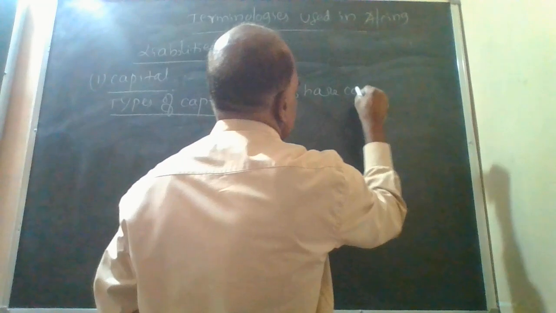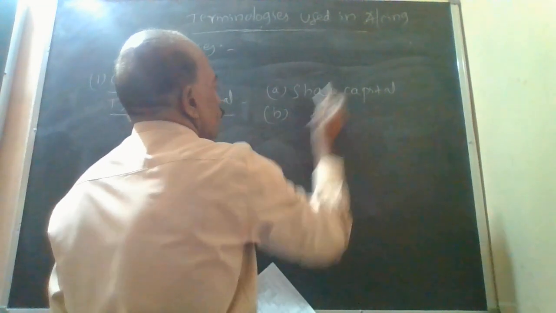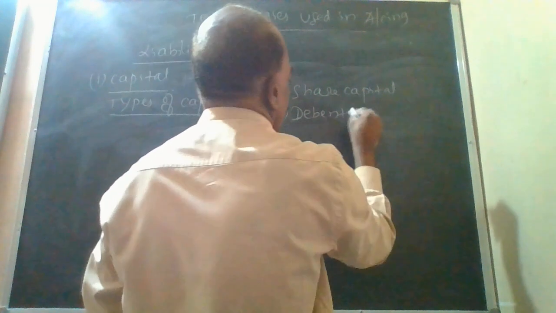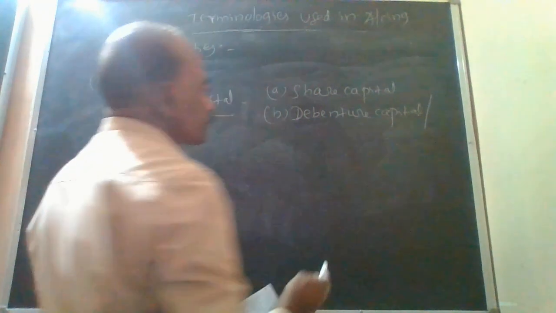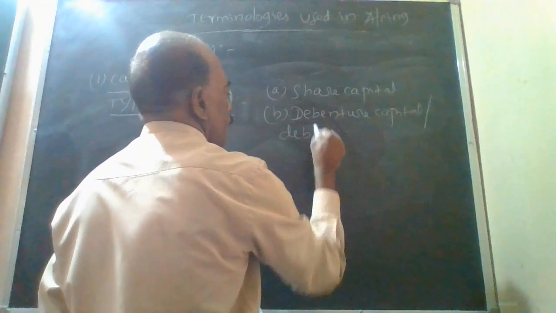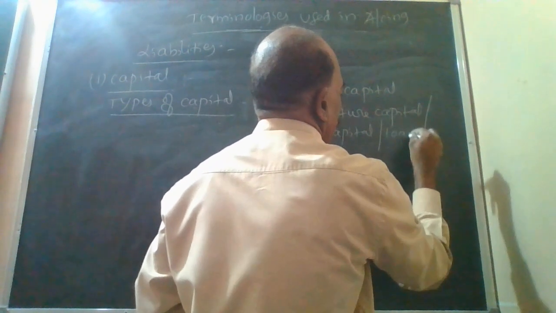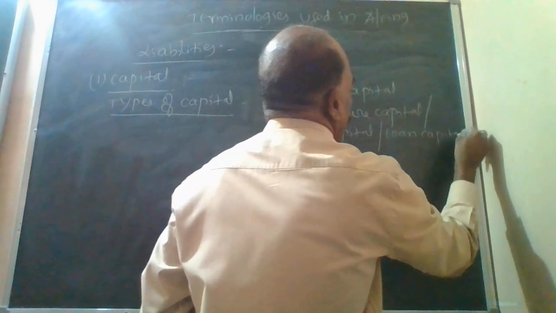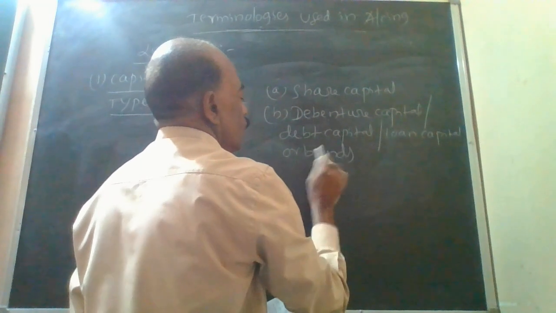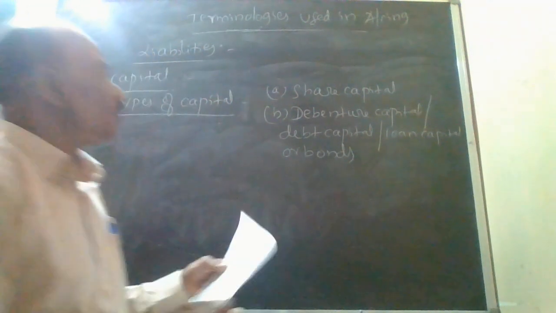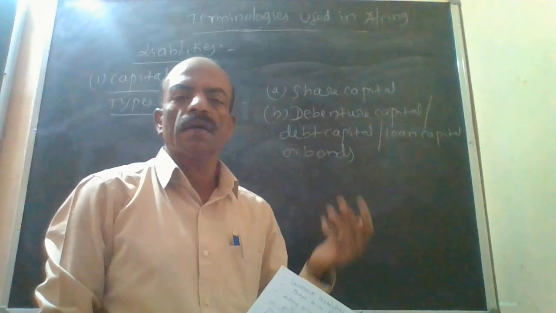The second one is debenture capital, also called debt capital, or loan capital, or bonds. So we shall understand this. Share capital is one type of capital issued by the company.